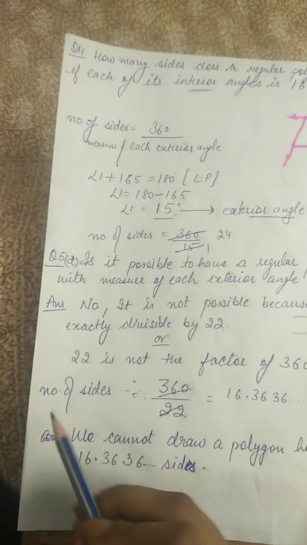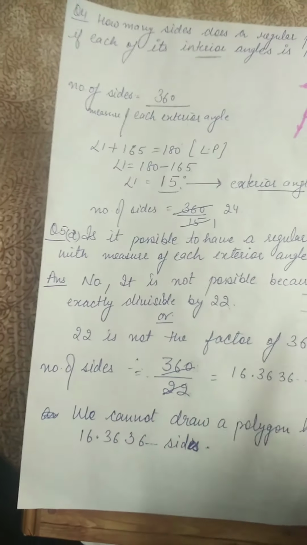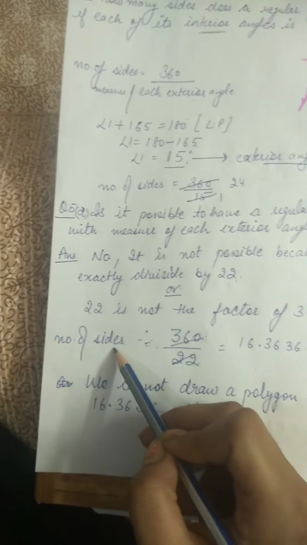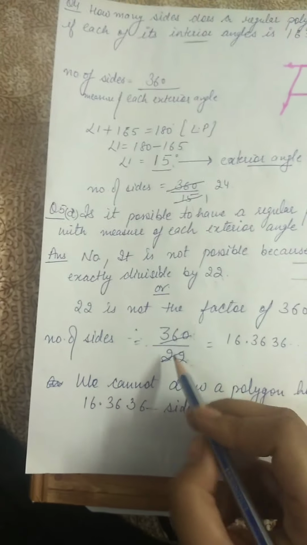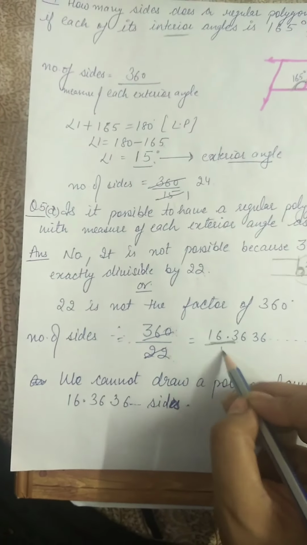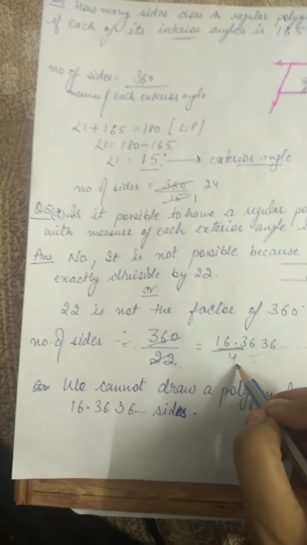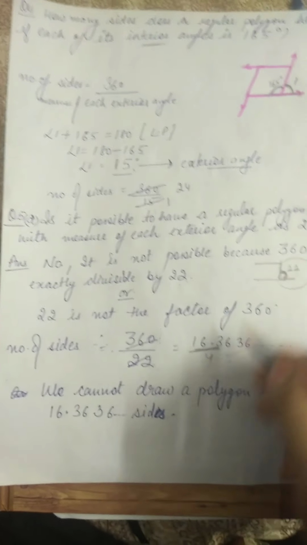Now see, you know that whenever you want to find which type of polygon it is, what will you do? You know that the number of sides is equal to 360 divided by the measure of the exterior angle. Okay, then you cancel out the terms and when you get 4 sides, 6 sides, right? Then you can say 4 sides means a quadrilateral. If you get 5, that means it is a pentagon.